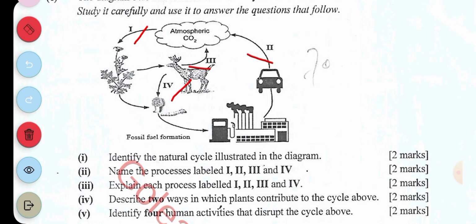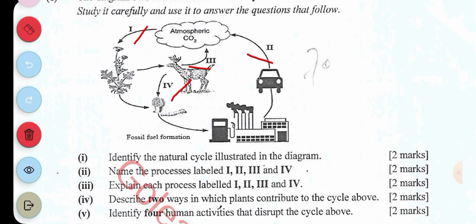And then III is where living things use oxygen to break down glucose to release carbon dioxide into the atmosphere. And then IV is decomposition, where organic matter dies and then their remains, which contain carbon, are released into the soil.